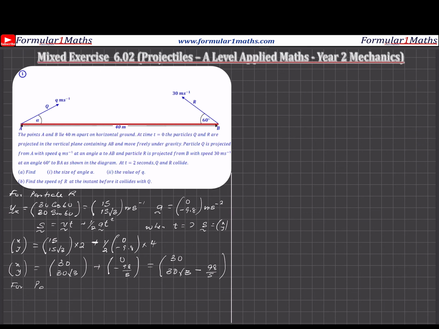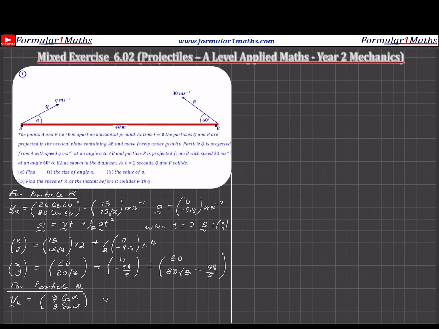So now for particle Q. So for particle Q, the initial velocity, which I'll call u_Q, will be given by q cos alpha and q sine alpha.